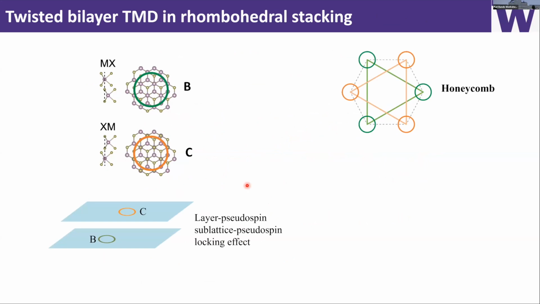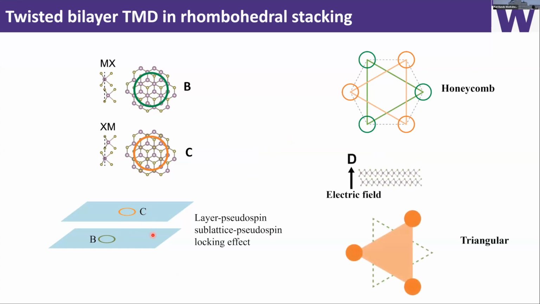The other interesting point is that one sublattice, C, can be in one layer, and the other sublattice, B, in the other layer. So the sublattice pseudospin locks to the layer pseudospin, with a top and a bottom layer. This gives us an opportunity to control the moiré superlattice geometries.